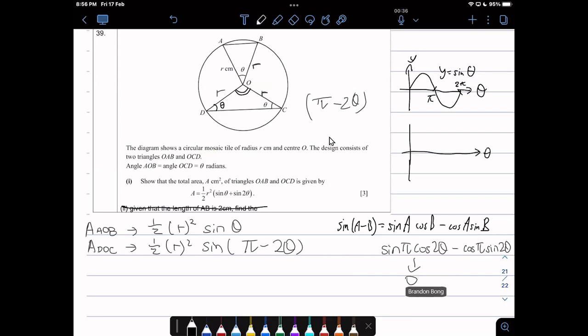Can you remember how to draw the cosine curve? Very good. So what's cosine pi? It's minus 1. But in front I already have a negative, so we just become sine 2 theta. Very good. So simplify the area of triangle DOC equals.